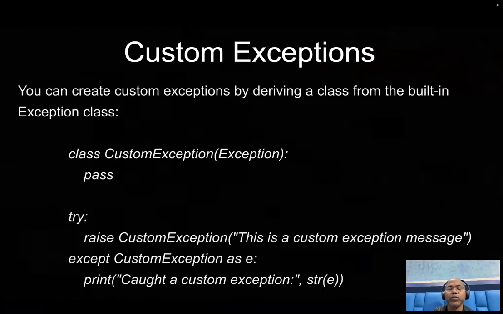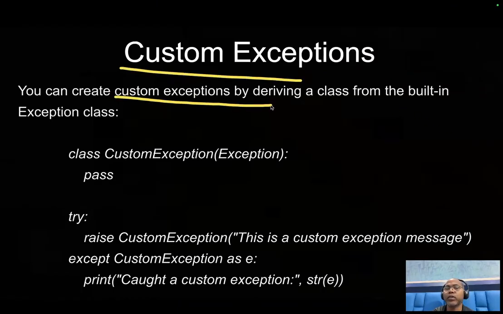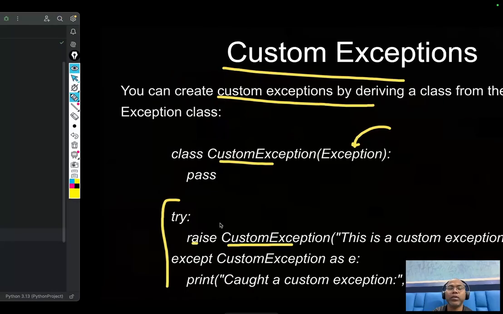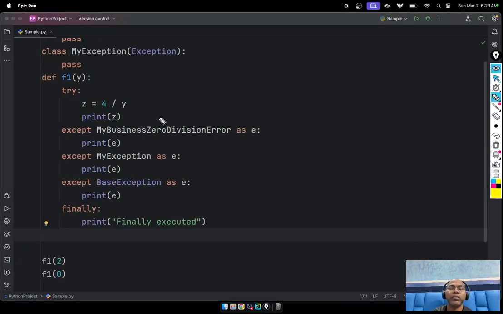Okay. So this is known as a custom exception. That means you can create your own custom exception. Just write your class, the name, and whatever exception you want, and you can even raise this exception.